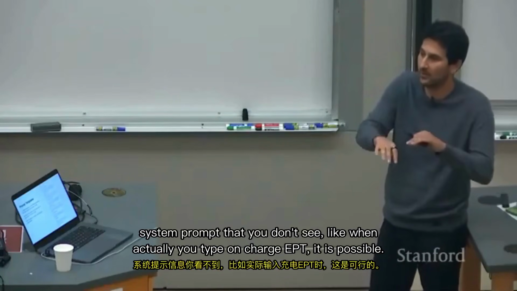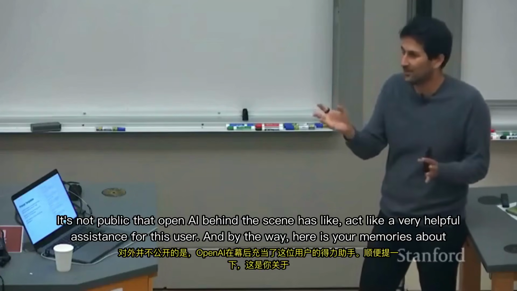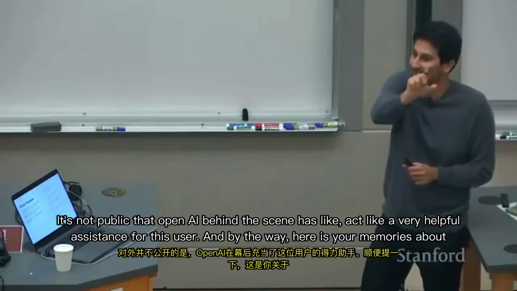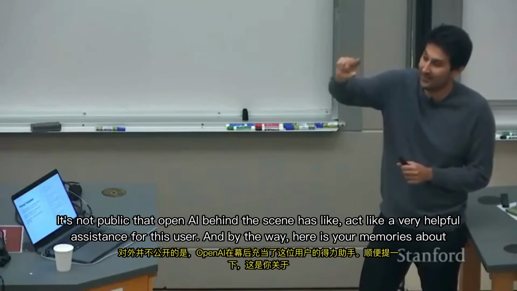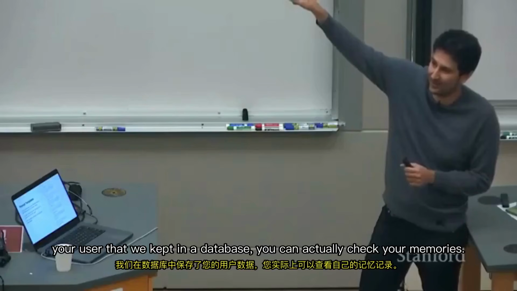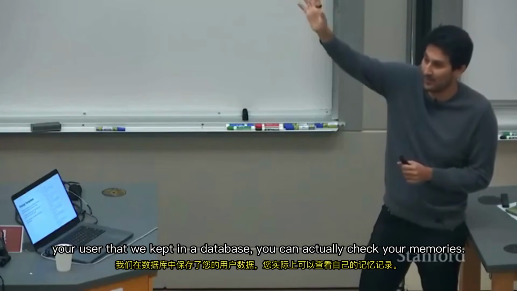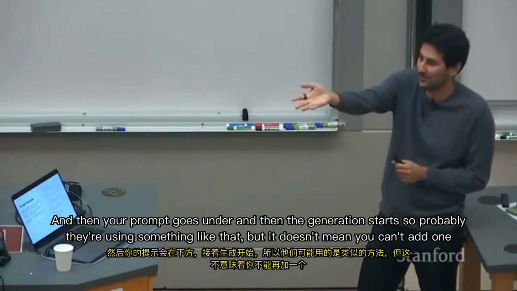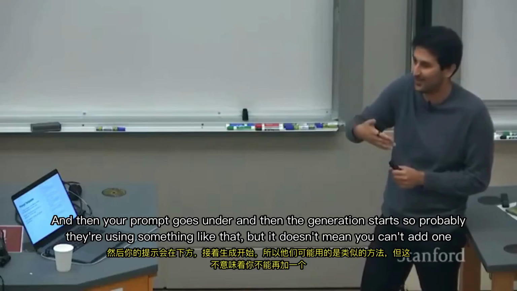When you type on ChatGPT, it's possible, though not public, that OpenAI behind the scenes has "act like a very helpful assistant for this user." And by the way, here are your memories about the user that we kept in a database. You can actually check your memories. Then your prompt goes under, and then the generation starts. So they're probably using something like that, but it doesn't mean you can't add one yourself.